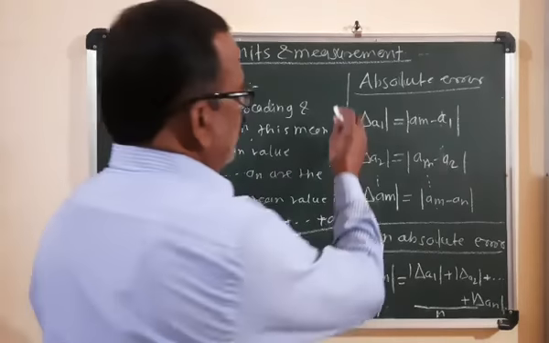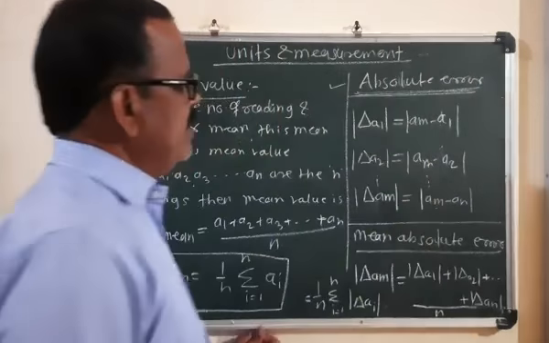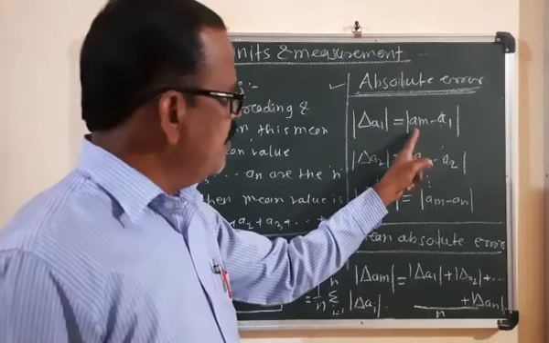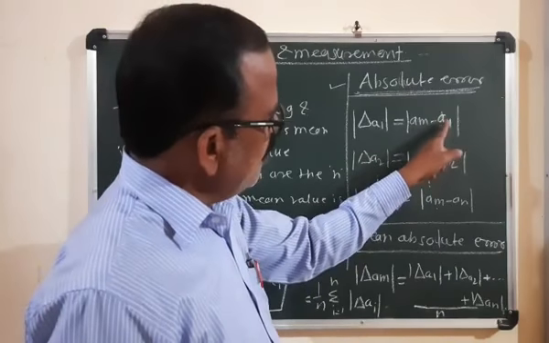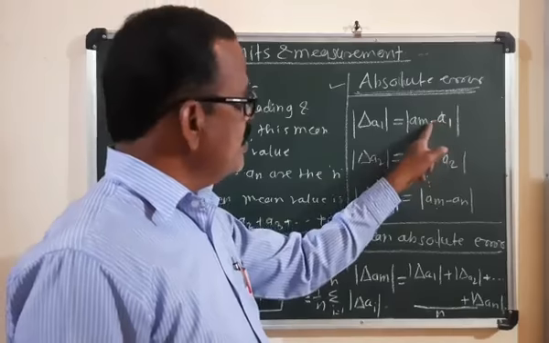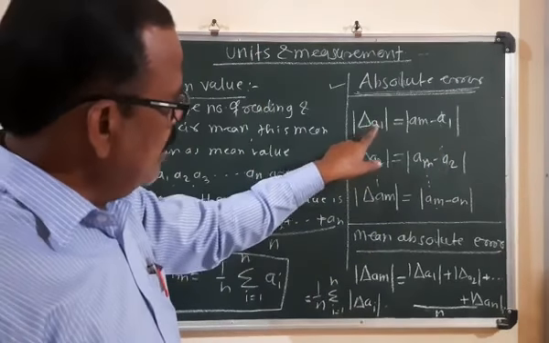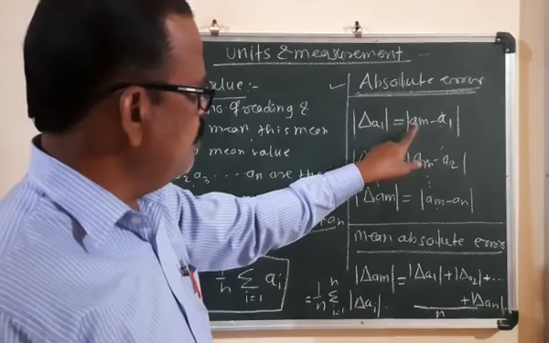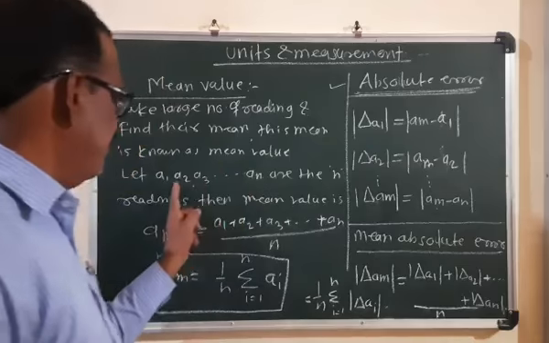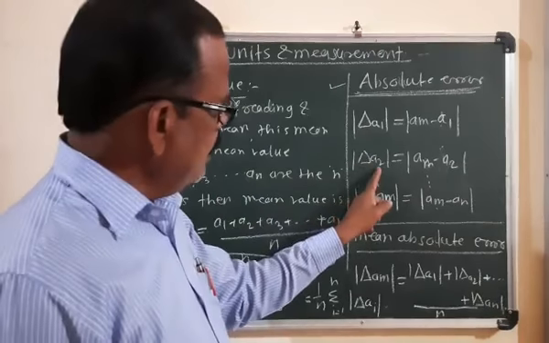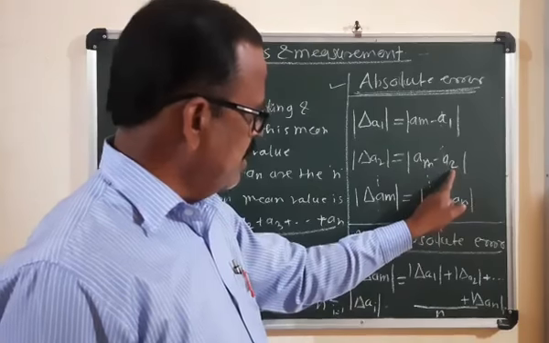Now, what is meant by absolute error? The difference between the mean value and each individual reading is called absolute error. That is, absolute error delta A1 equals mean value Am minus first reading A1, delta A2 equals Am minus A2, the second reading.